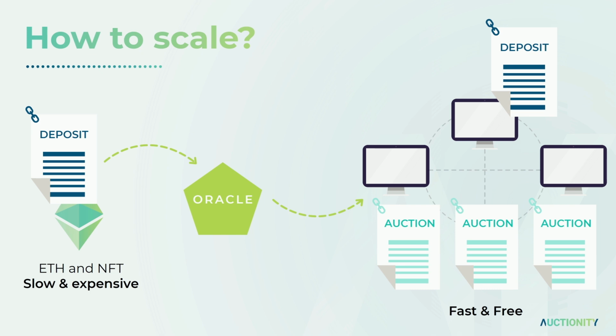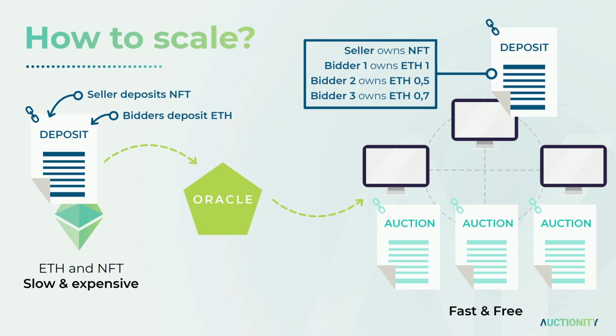You can see on this slide all the auction smart contracts, because for each auction that will take place in our network, we'll create a dedicated smart contract. We can do it easily because, remember, this is fast and free. For example, the seller deposits some non-fungible tokens and the bidder deposits some Ether on the main network, on this deposit smart contract.